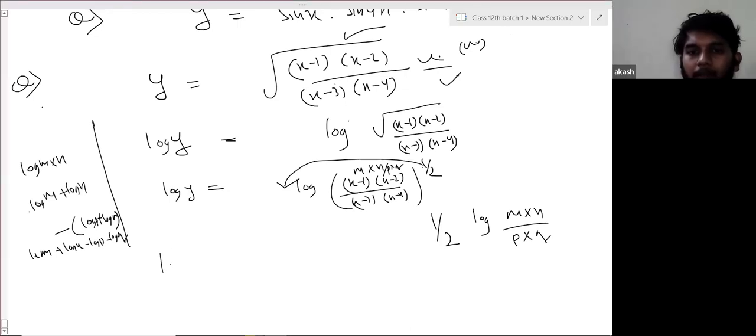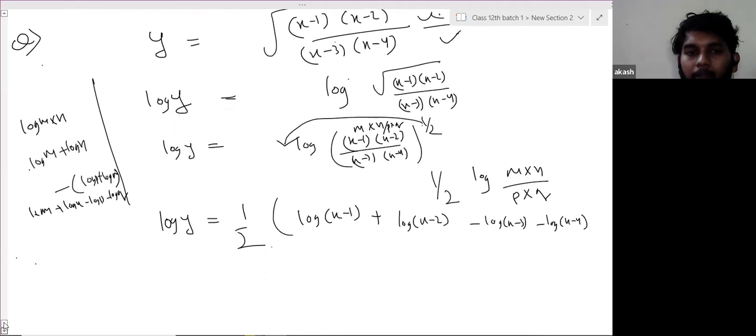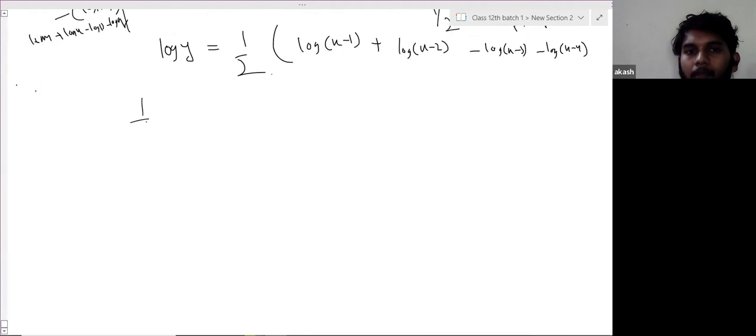So we can solve this further as log y equals half of log of x minus 1 plus log of x minus 2 minus log of x minus 3 minus log of x minus 4. Now differentiating this, this is 1 upon y dy by dx equals half of the differentiation of log of x minus 1.